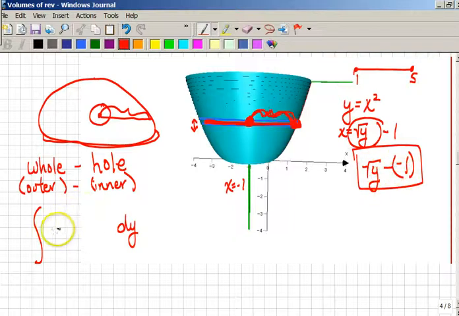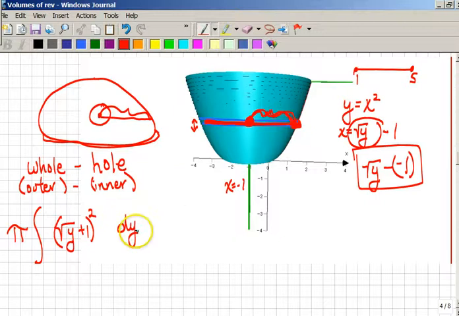So let me come over here and just put that in my integral. The square root of y subtract -1, which is the same as +1. That's the radius. And what do we do? We square that. Remember, it's pi kicked out front, radius squared times the height, which is dy.